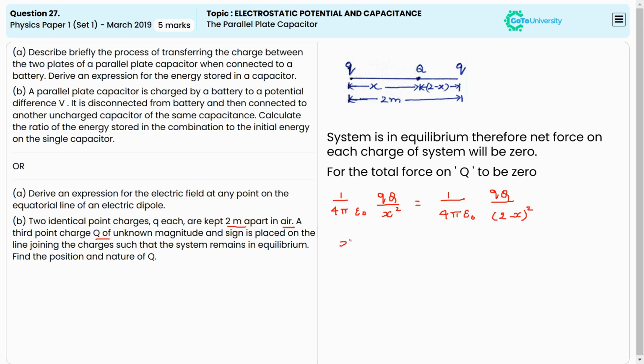Then x is equal to 2 minus x, and 2x is equal to 2. Then x is equal to 1 meter.